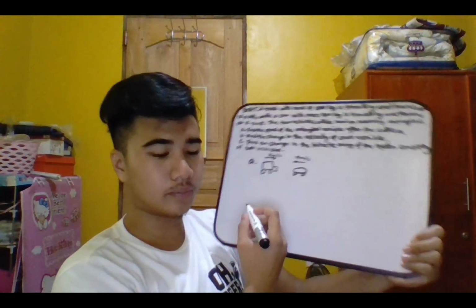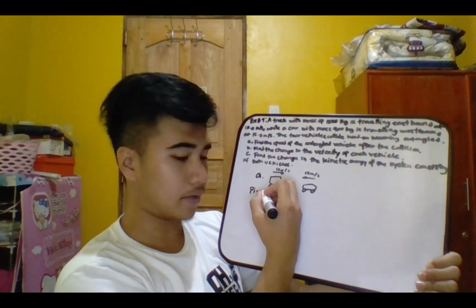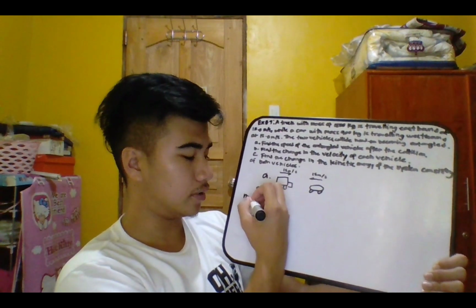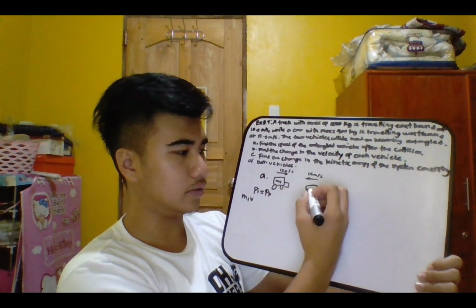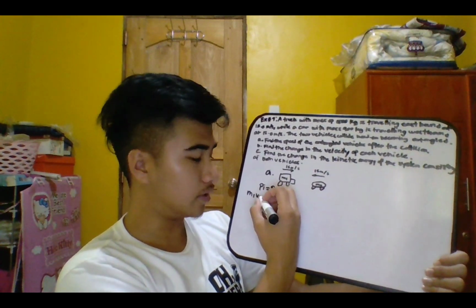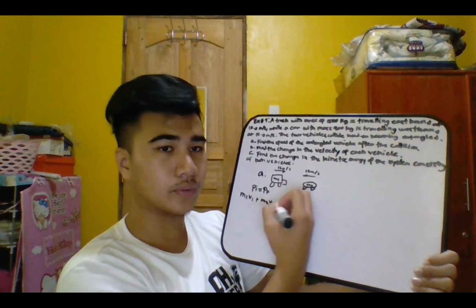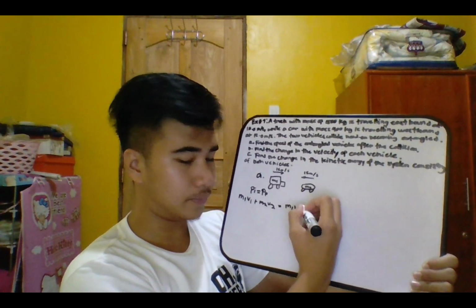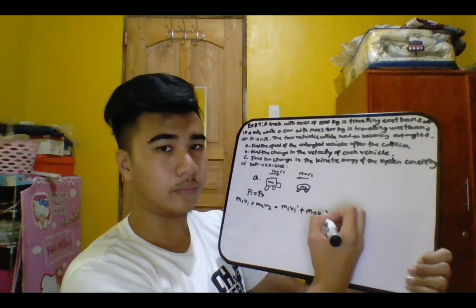By conservation of momentum, initial momentum is equal to final momentum. So this is m1 v1 plus m2 v2 is equal to m1 v1 prime plus m2 v2 prime.